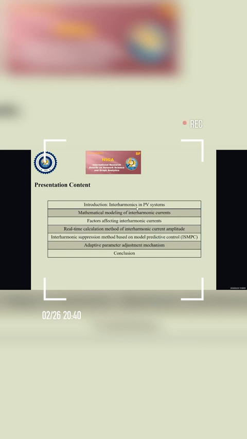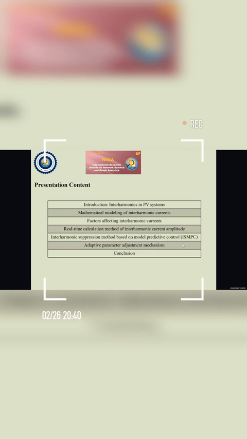Representation includes 6 parts. Firstly, the interharmonics in PV system are included. Secondly, the mathematical model of interharmonics is derived, and some influencing factors of interharmonics are analyzed. Then, a real-time calculation method of interharmonics amplitude is included.